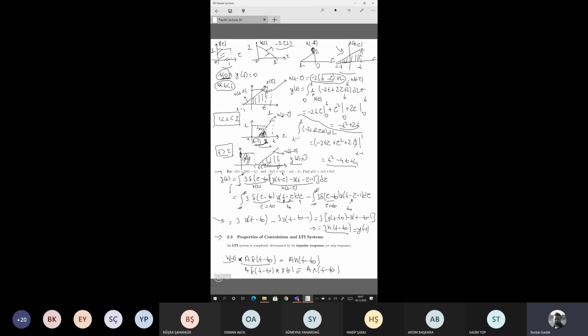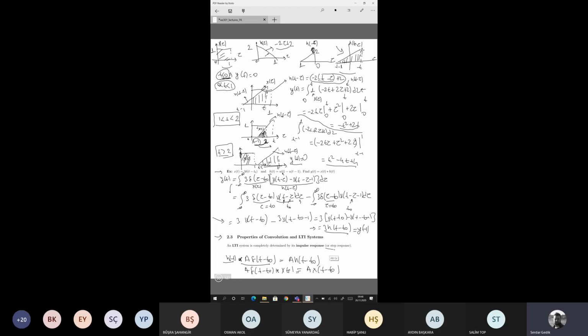In the next section, we will continue with the properties of convolution and LTI systems. First, if you have an LTI system and you have the impulse response, you can completely characterize and determine the properties of the system by just looking at the impulse response.